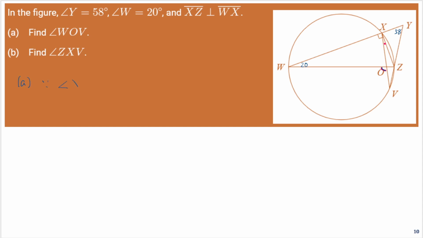Because we have angle XWZ equals 20 degrees, we know that arc XZ must equal twice that angle, right? Which gives us 40 degrees.